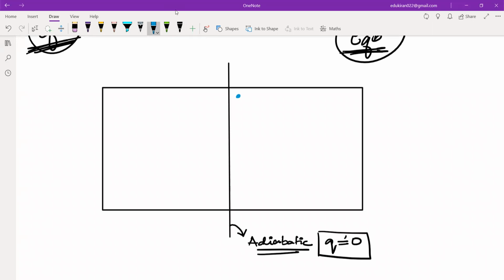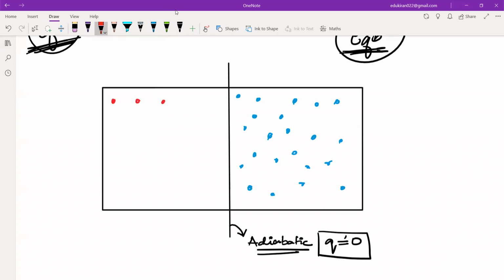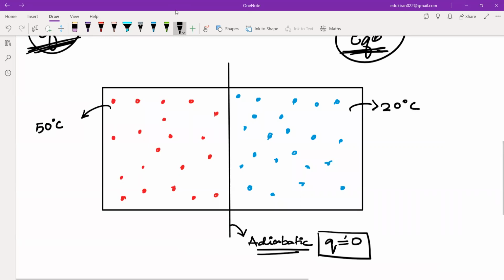In one, we have some blue gas molecules, and here we have some red gas molecules. Let us say the temperature of these molecules is 50 degrees Celsius, and the temperature here is 20 degrees Celsius. So this is the initial state.